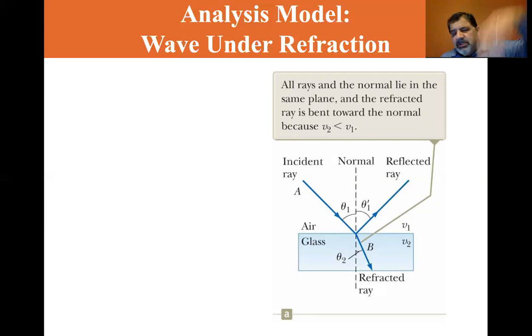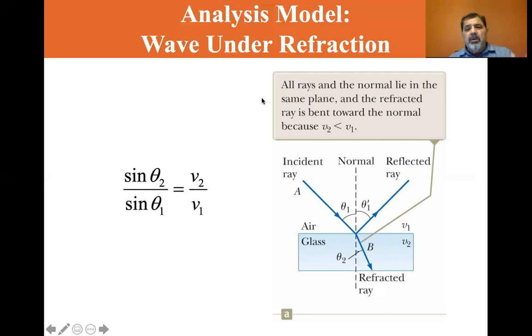You still get the reflection off of a smooth surface, so you have theta one, the incident ray, and theta one prime, the reflected ray. But in the glass, theta 2 is at a different angle. The velocity of light in air is v1, and the velocity in the media is v2.